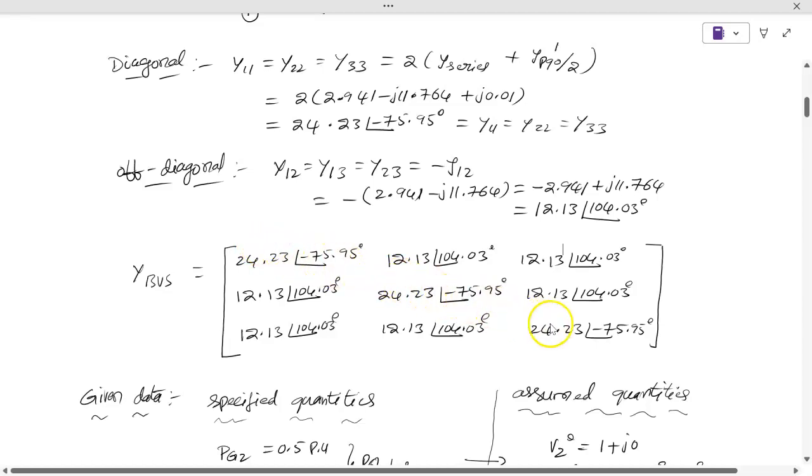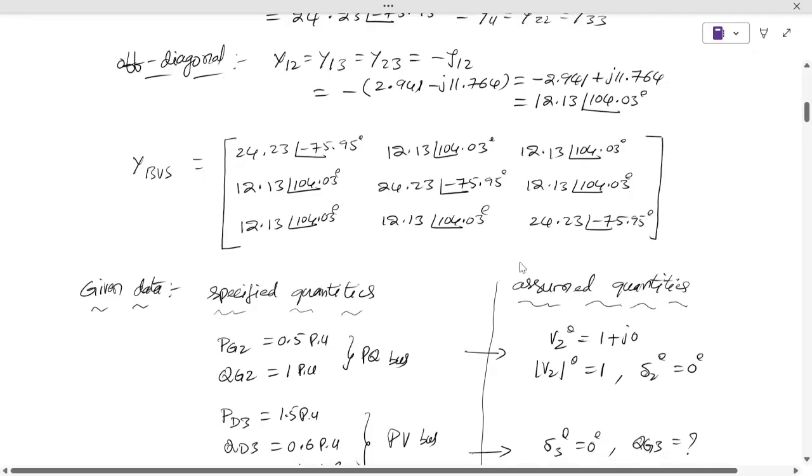All diagonal elements are 24.23 at an angle minus 75.95, the same, and the remaining off diagonal elements are 12.13 at an angle 104.03. So this is the Ybus matrix.